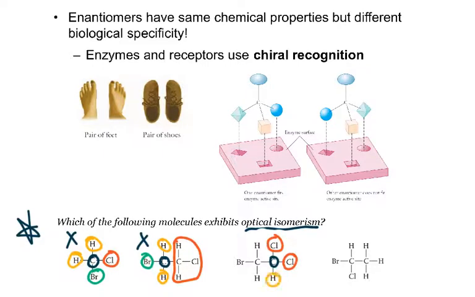So it has 2 chlorines, and then it has that hydrogen, and it has this big old thing over here. Those chlorines are the same. So either carbon we look at, either way, not going to have optical isomerism because there's no chiral carbon, no carbon that's bonded to 4 different things.